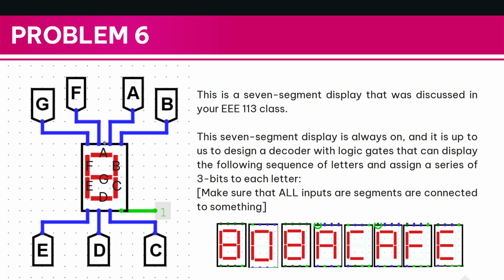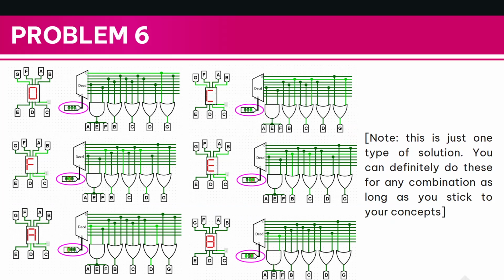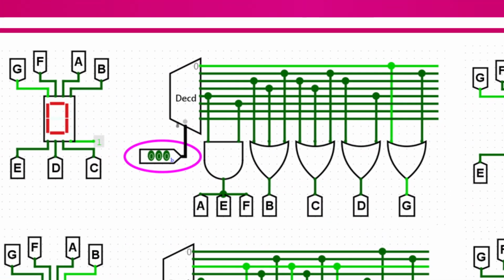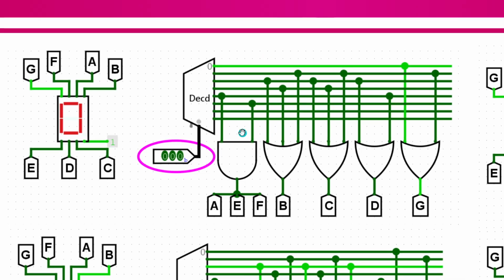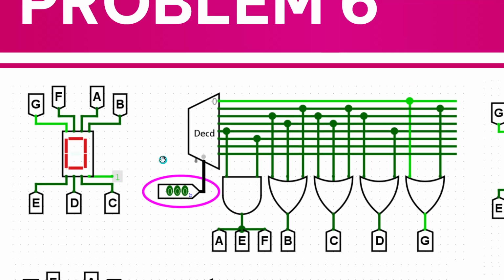So I'll show you my specific implementation for this problem. But for the concepts, you have to understand that there are different types of implementations that you can do with this, as long as you follow the instructions where all has to be connected, and you can use it to your advantage.